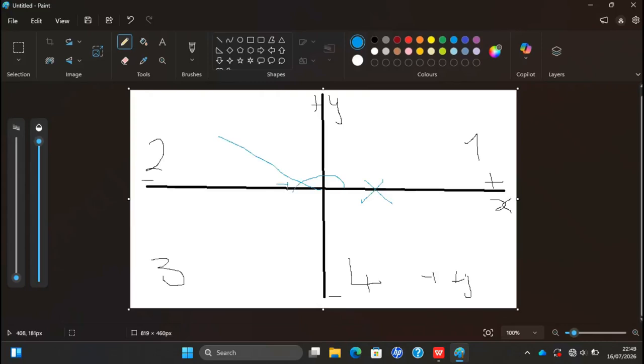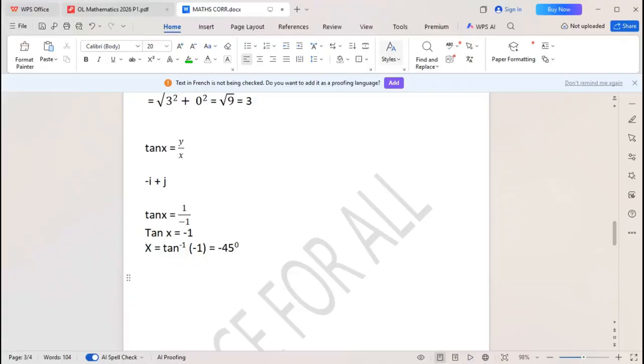Now to find the actual value that vector makes with the positive x-axis, we have to add 180 degrees to the value we had. That's our 180 degrees plus the x that we had. Now doing that here, we had x as minus 45 degrees, so the actual direction, let's call it d, is equal to 180 plus minus 45.